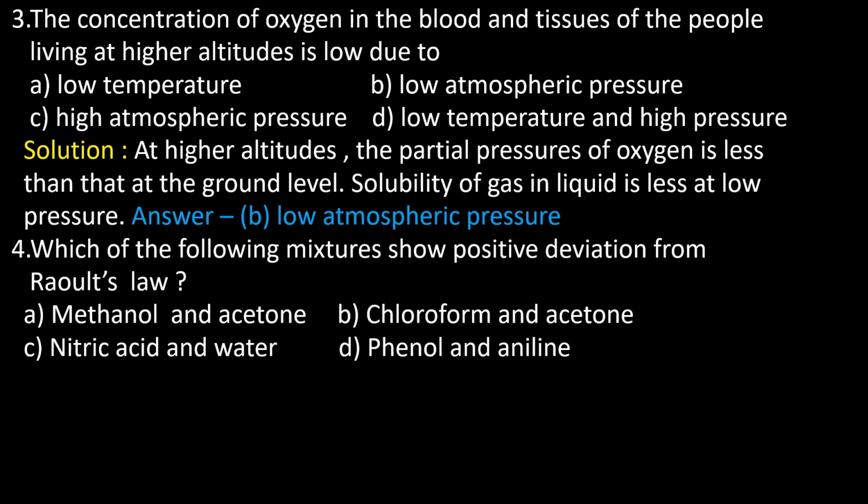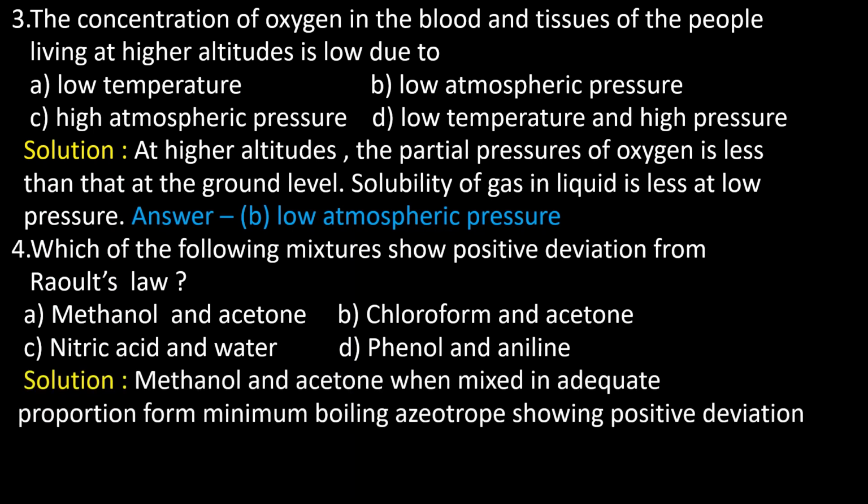Only the correct answer is the option A, that is methanol and acetone. Methanol and acetone, when mixed in adequate proportions, form minimum boiling azeotropic mixture, and hence it shows the positive deviation. So the correct answer is option A, methanol and acetone.